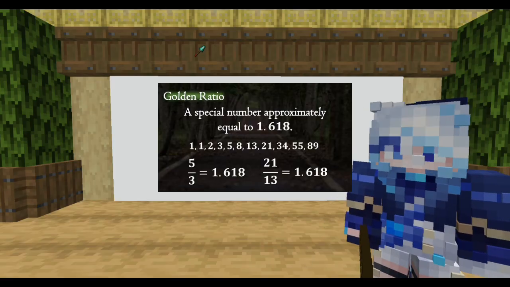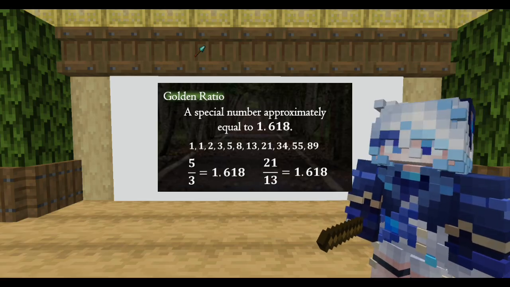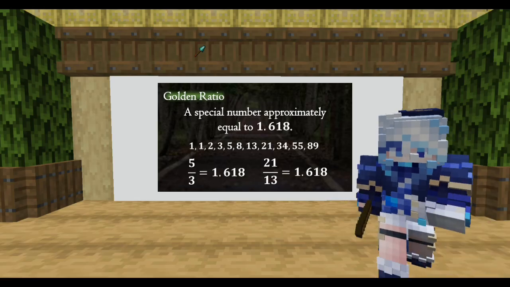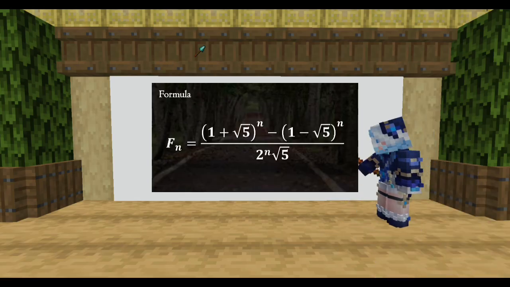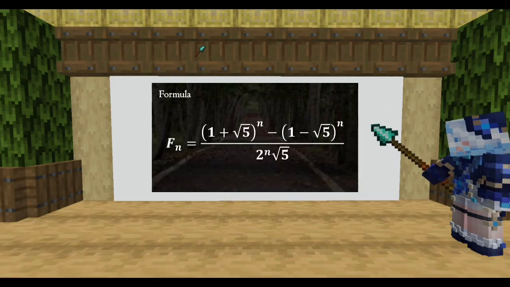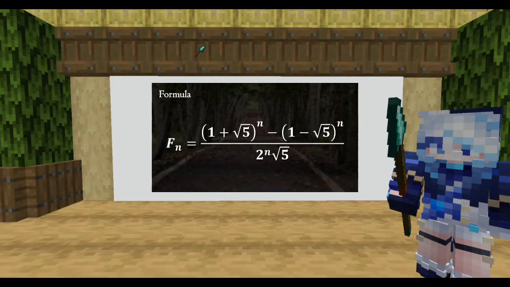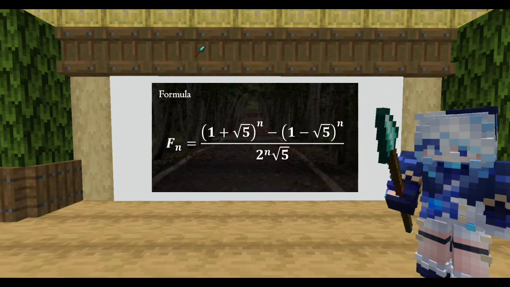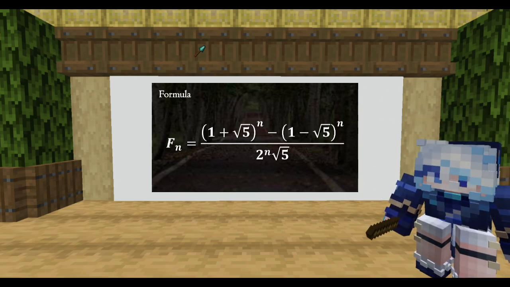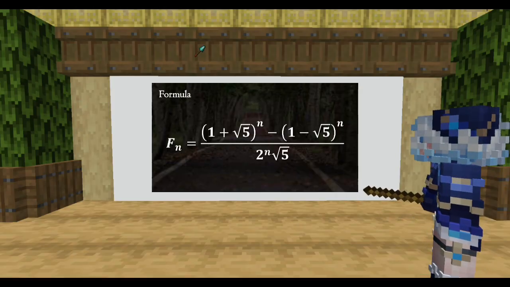And now that we're done with the general information, let us now begin with the computation part. Ooh, scary. But you shouldn't worry about it too much, as it is actually very simple. This is the formula that we will be using. Honestly, you could actually do this manually, but that would take you a lot of time unless you memorize it, which is not really a necessity, since we have the formula over here.